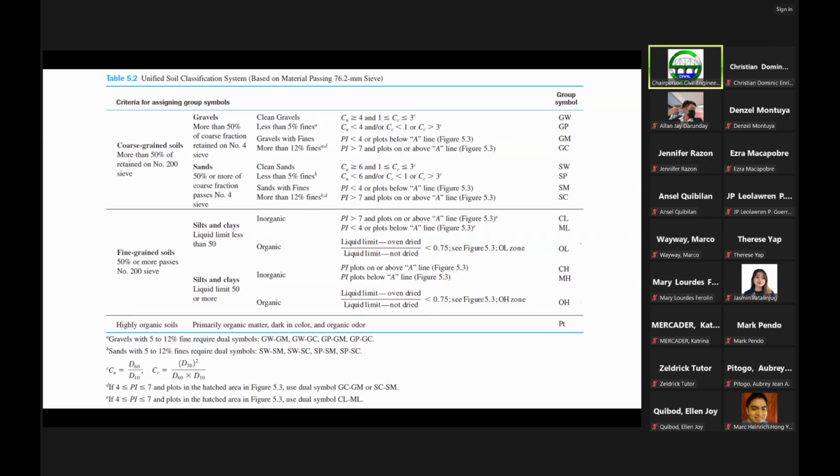So that means it is more than 50% retained on number 200, so we can classify it as a coarse grain material. Earlier it was fine grain, so this time we have a coarse grain material.